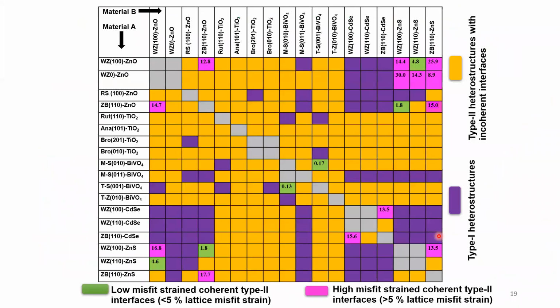This is an exhaustive study involving a variety of native and non-native structures involving ZnO, TiO2, bismuth vanadate, CdS, and ZnS. So we were able to come up with what kind of combination would give you an optimal type 2 heterostructure, type 1 heterostructures, and so on.